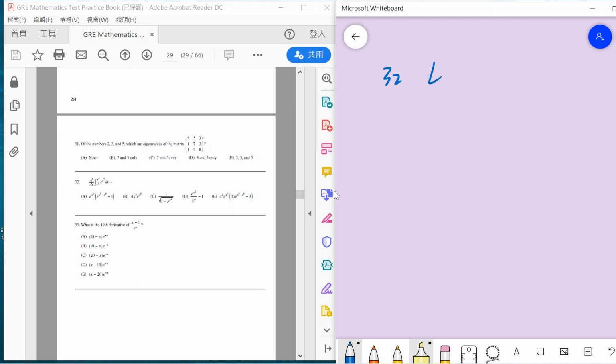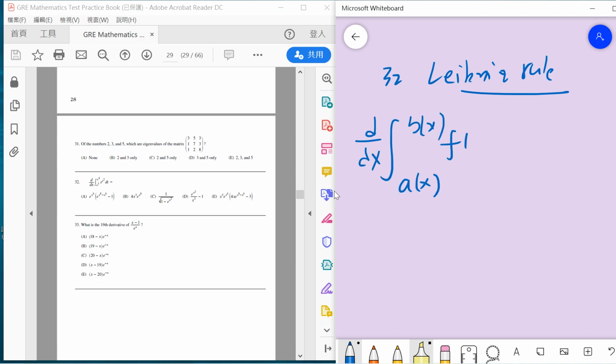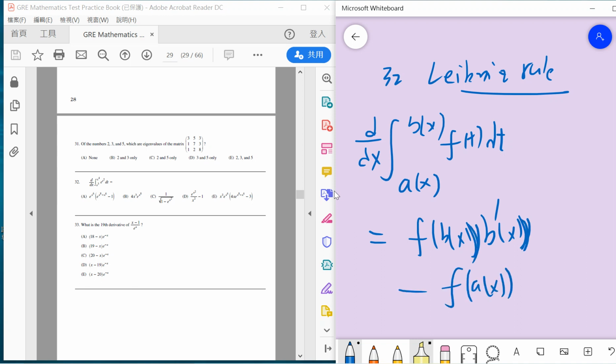32 is basically the Leibniz rule. The Leibniz rule tells us that d over dx of the integral from a of x to b of x of f of t dt is equal to f of b of x times b prime of x, minus f of a of x times a prime of x.